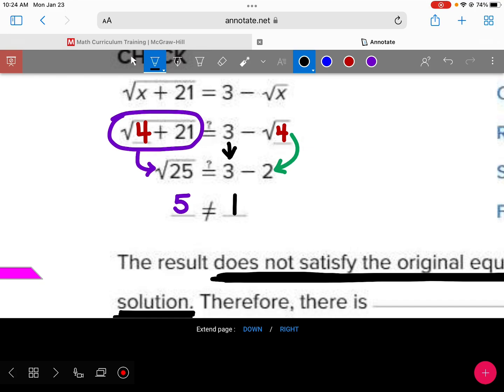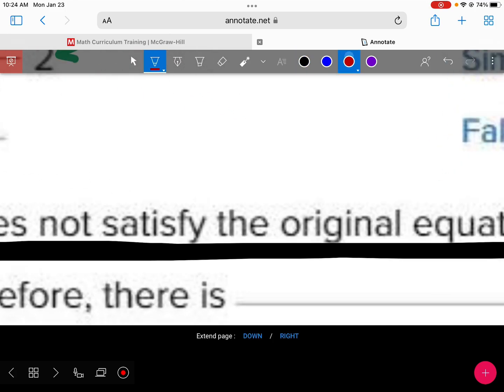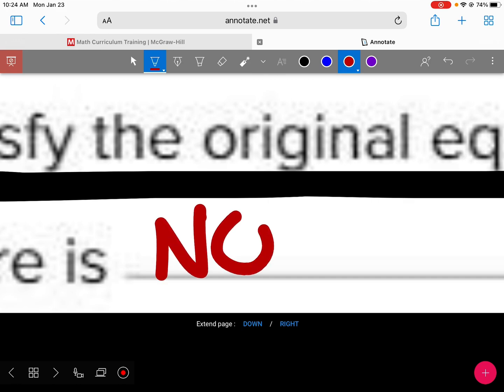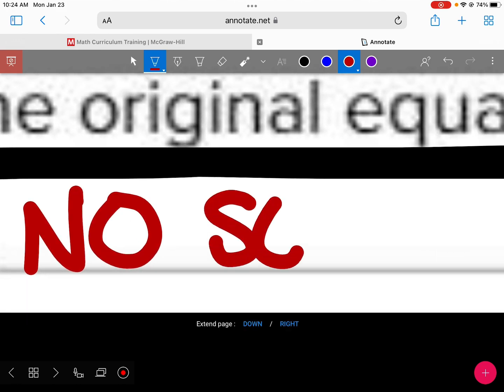When it does not check out, we say it's extraneous. So if the answer that I found doesn't actually work, what's the answer? Did we make a mistake in our solving work? We made no mistakes, but the answer still didn't work. That means there is no solution.